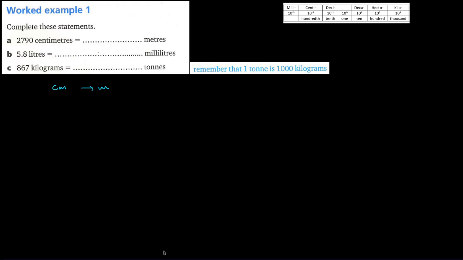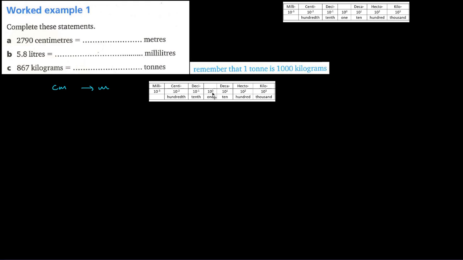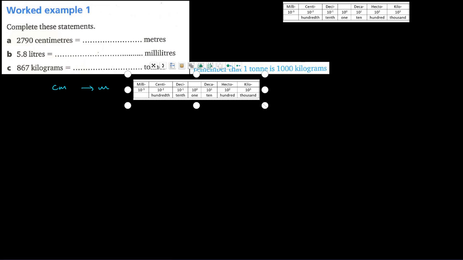If our unit is meter and centimeter is given to us, from this unit to this unit we are going to convert, and the difference between them is 10 to the power of 2.